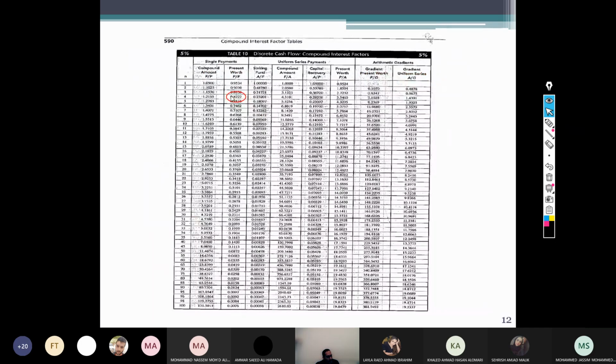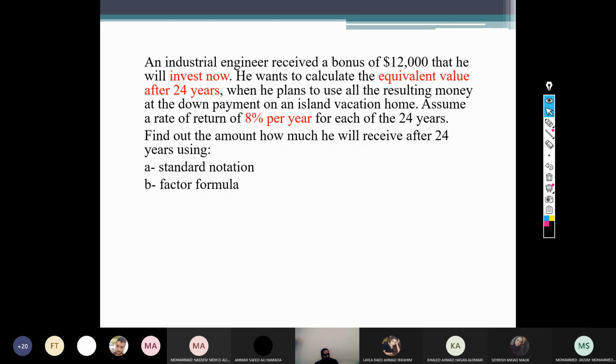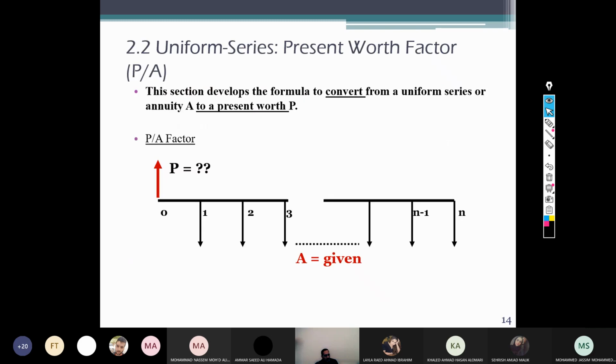Okay, thank God, this is 5%. Find P given F command. You remember 0.8227. Okay. This is another example. Let me look at.